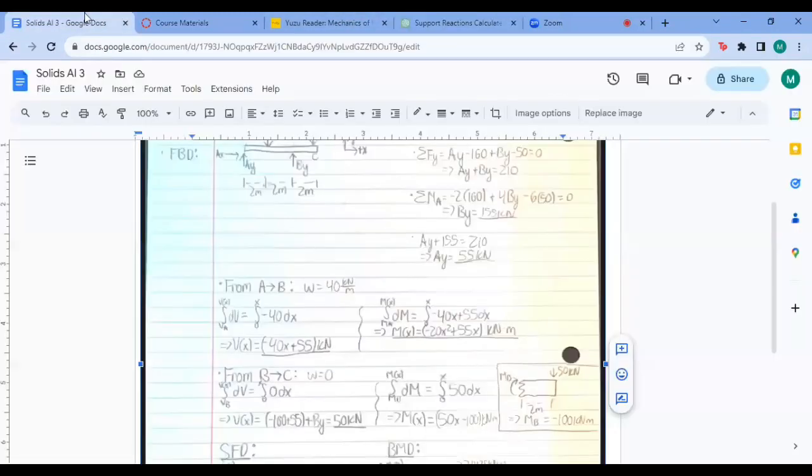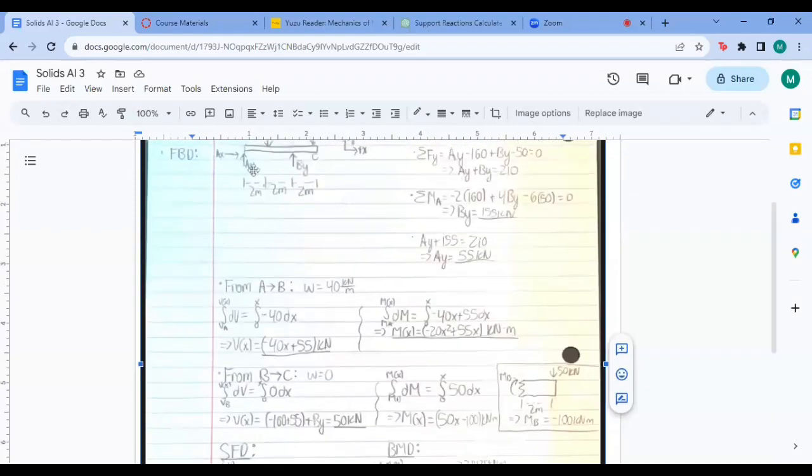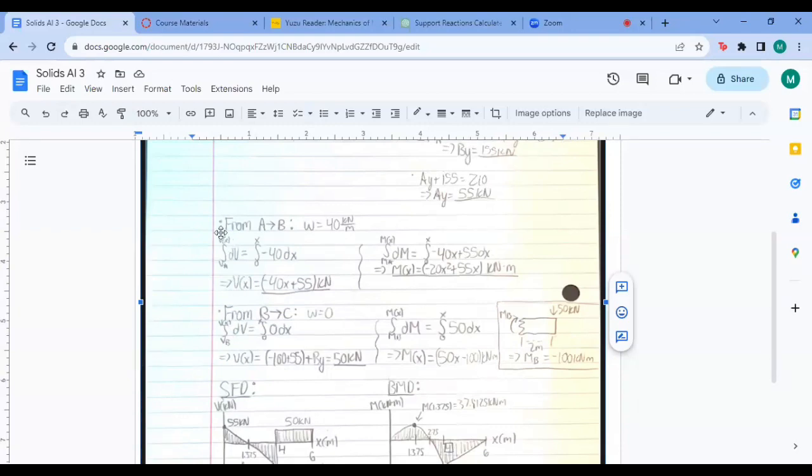Comparing it to what I have, I said from A to B, w equals 40 kilonewtons per meter. From the shear force at A, which is just this upwards force here, to some function V(x) equals the negative integral of w from 0 to some point x, dx.